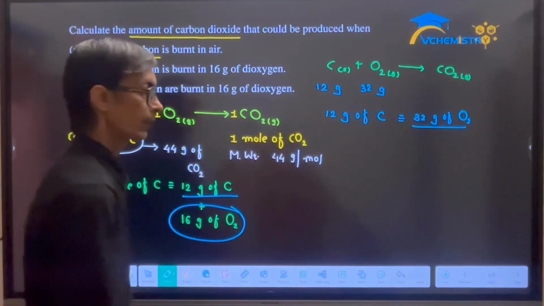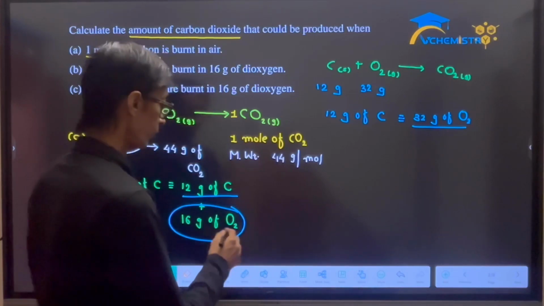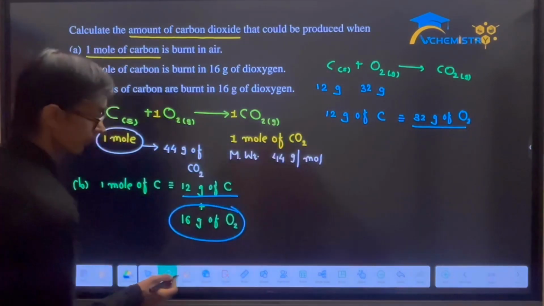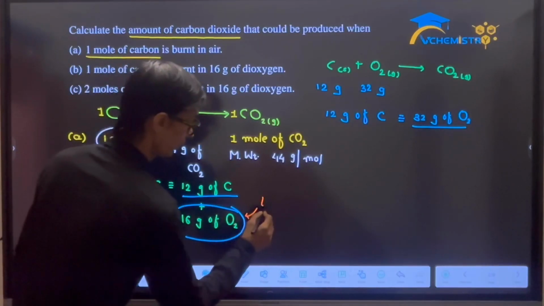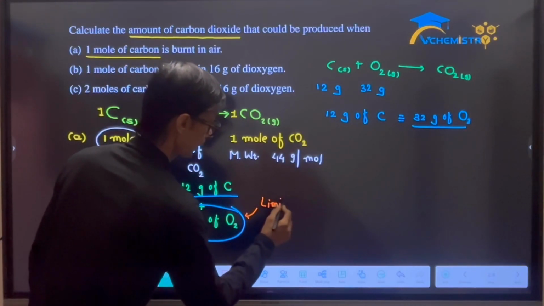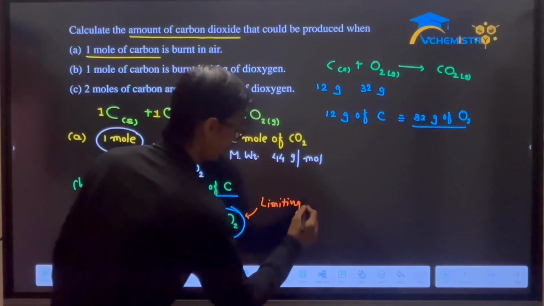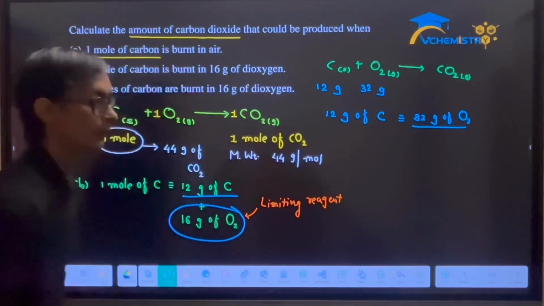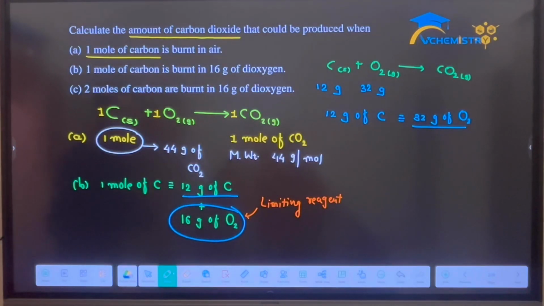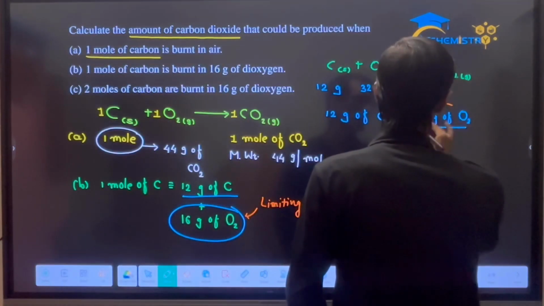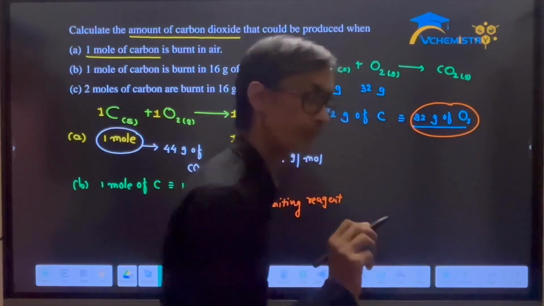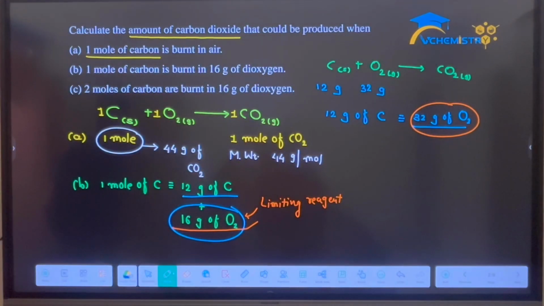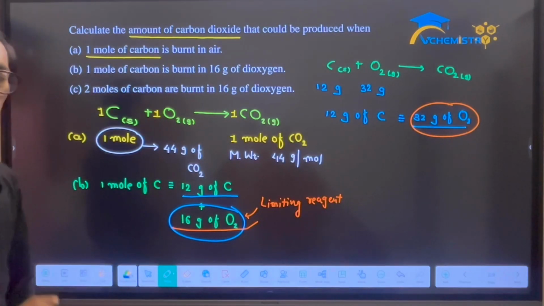That means compared to the requirement, the amount of oxygen given is less, and due to that this one is your limiting reagent. Once again, oxygen needed is 32 gram, but the given amount is only 16 gram. That's why oxygen is our limiting reagent.